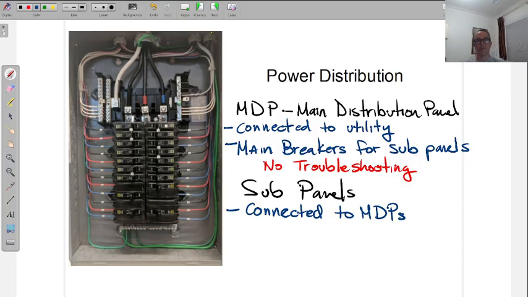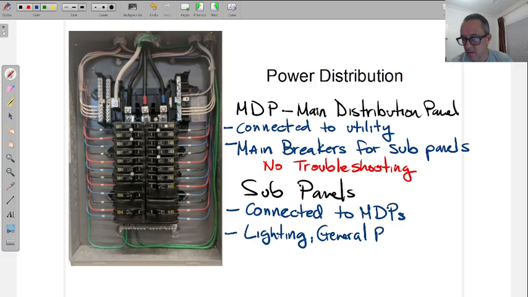Sub panels, these are the ones that we're going to be focusing more on. These are the ones coming off of our main distribution panel, and these will have our lighting panels. This will have lighting. This will have general receptacles, or outlets if you want to write that.